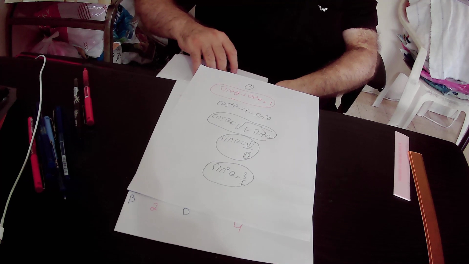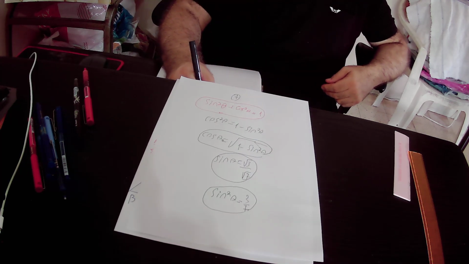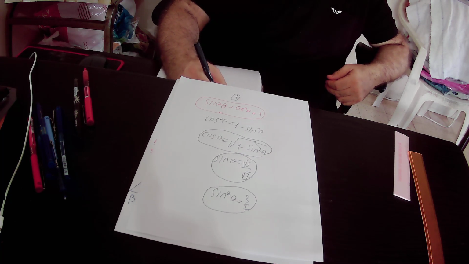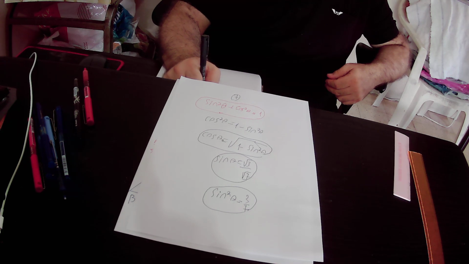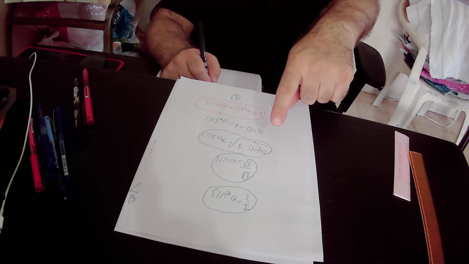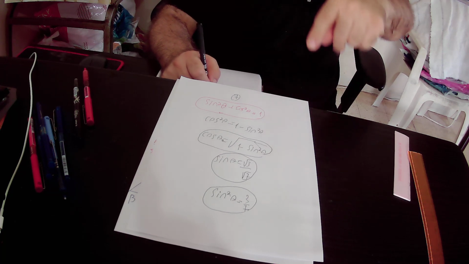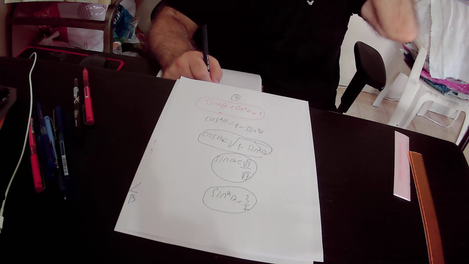We will get that cosine theta equals the root of 1 minus sine theta squared, and instead of sine theta squared we will put 3 over 7.